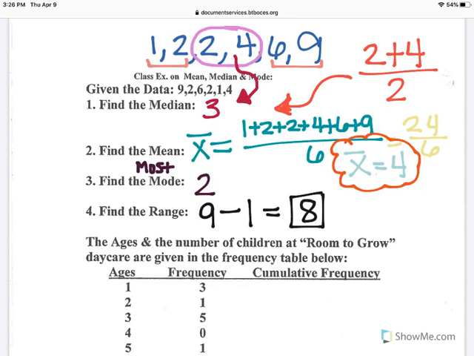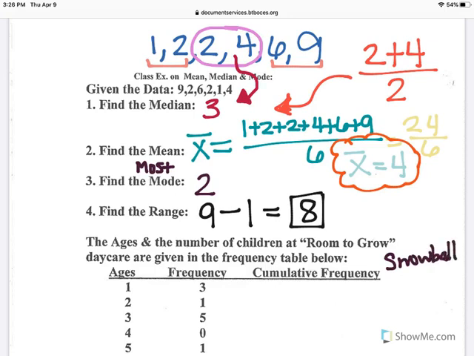So, cumulative frequency is something where you add all of the previous frequencies together. And one way kids remember this is it's like a snowball effect.